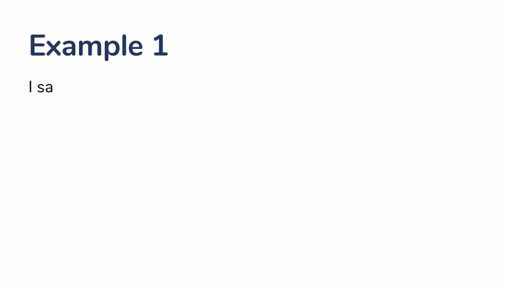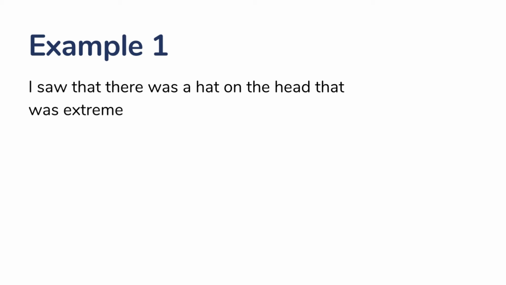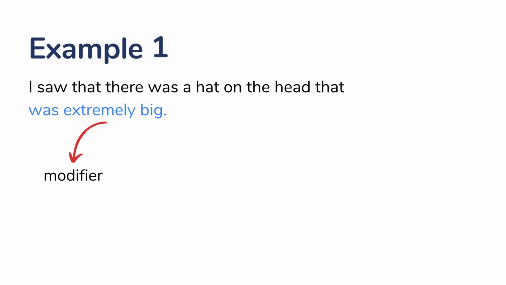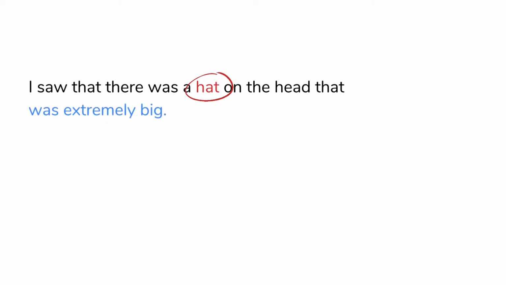Example 1. I saw that there was a heart on the head that was extremely big. In this sentence, that was extremely big was identified as the modifier and is seeking to modify the word head in this sentence.